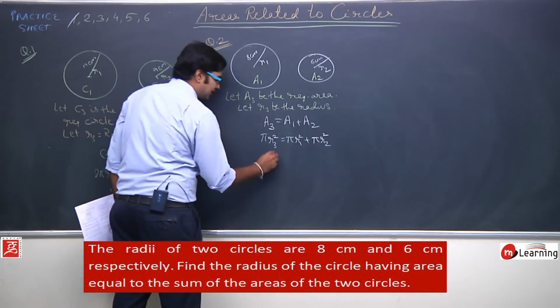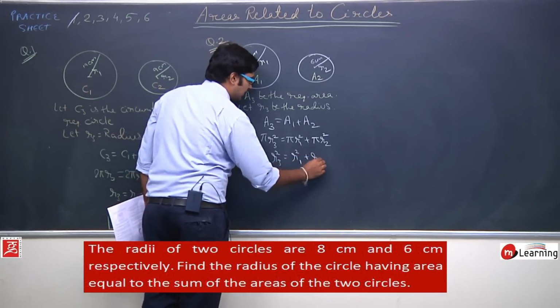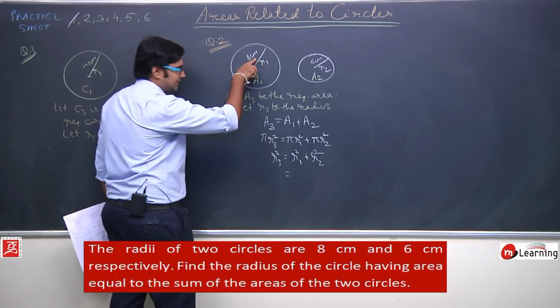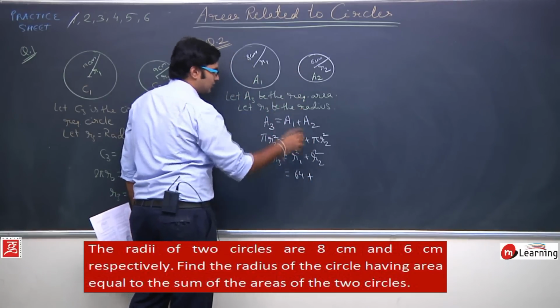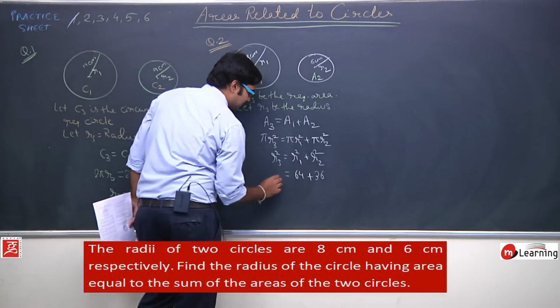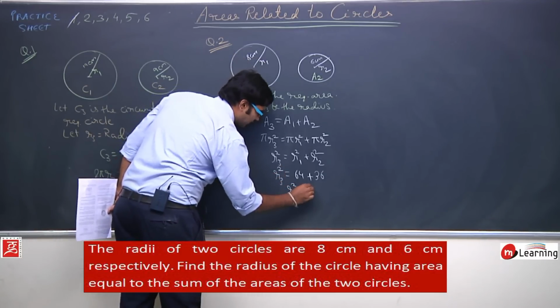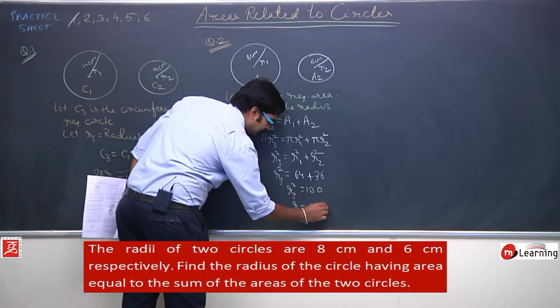Now from this I will get R3 square equals R1 square plus R2 square. Now what is R1? R1 is 8, so 8 square is 64, plus R2 is 6, so it is 36. This is R3 square. So R3 square equals 100, which implies R3 equals plus minus 10 centimeters.